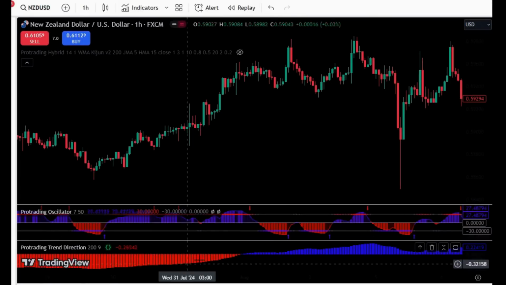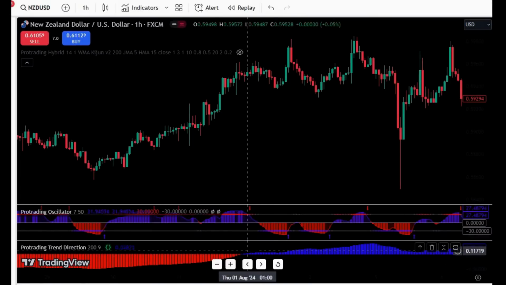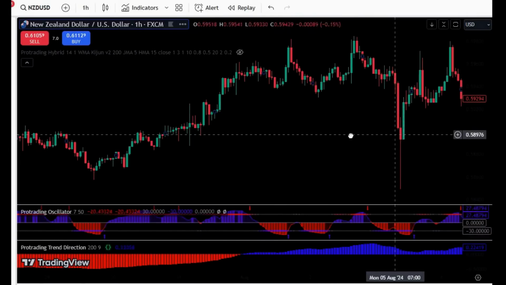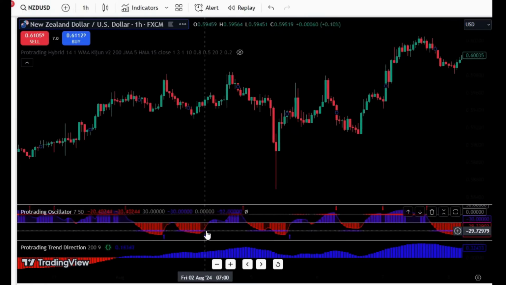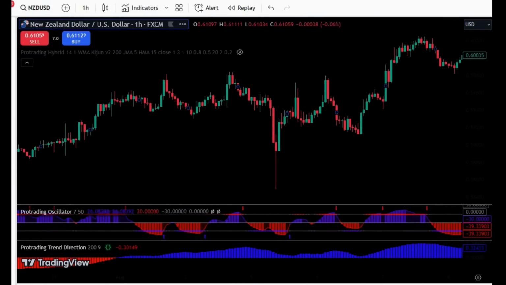While we'll be using the Pro Trading Trend Direction to spot the trend of the market, we'll be using the Pro Trading Oscillator to know when to enter the market. From what you can see on my chart, the Pro Trading Oscillator will give us these arrows.